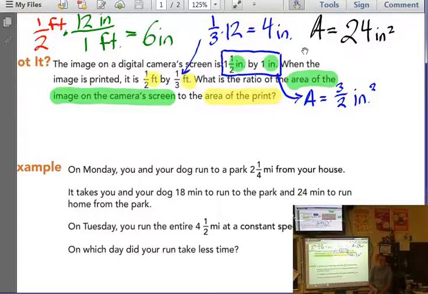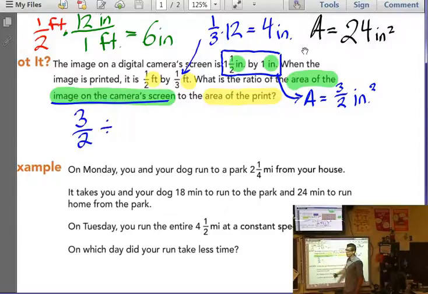Shane? 3/2 divided by 24/1. Yeah, the camera screen came first. So we set up 3/2 compared to or divided by, exactly what Shane said, 24 we make into a fraction, 24/1. Thank you very much, Shane.